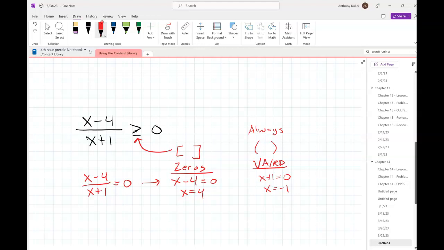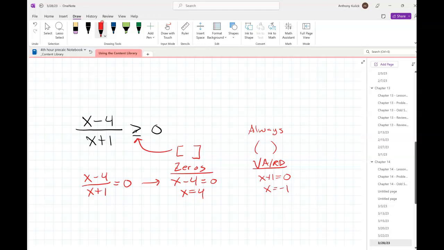At a vertical asymptote or a hole, is there going to be a point on our graph with that x-coordinate? No, right? That's what a discontinuity is, a value for x that the function doesn't work with. That's why you're always going to be using a parenthesis with your vertical asymptote or removable discontinuity.